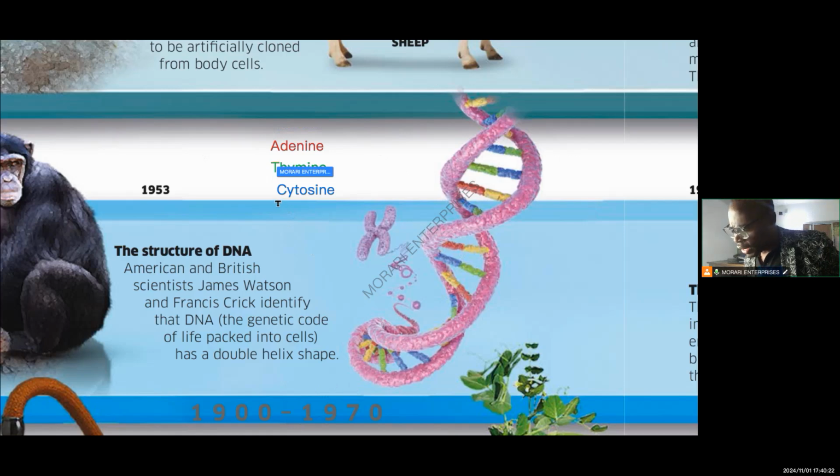And the last one we have guanine. Yes, those are their letters: A, T, C, G. They call them the base pairs. The base.